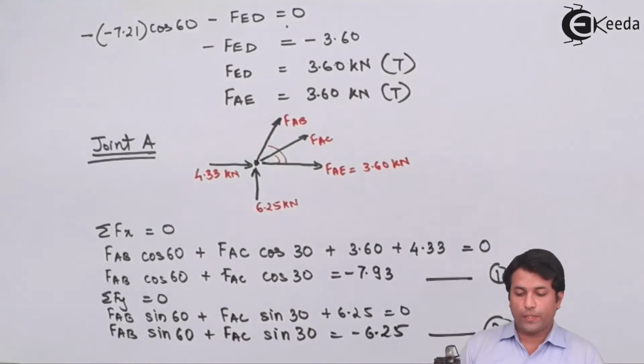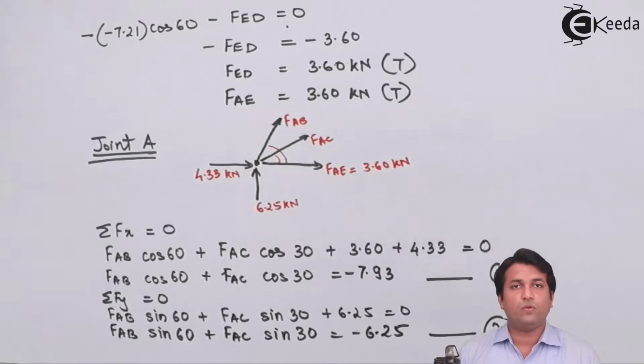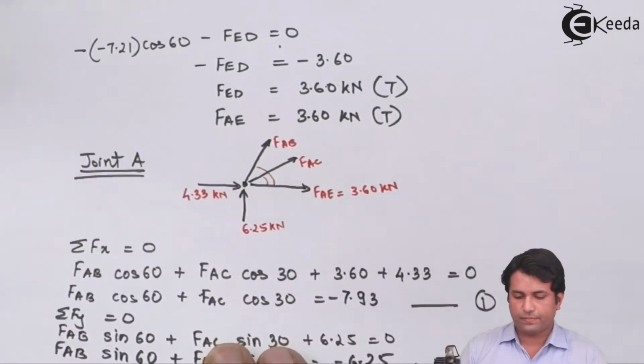I've got two equations over here. Both the equations have two unknowns, that is force in member AB and force in member AC. What I can do is solve both the equations simultaneously and find out the forces in member AB as well as force in member AC.